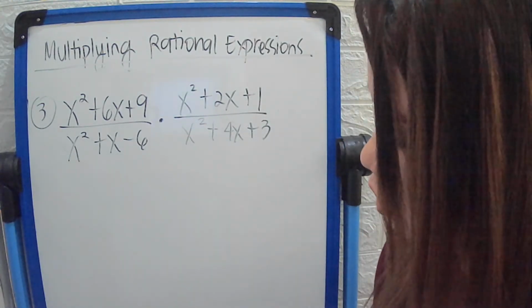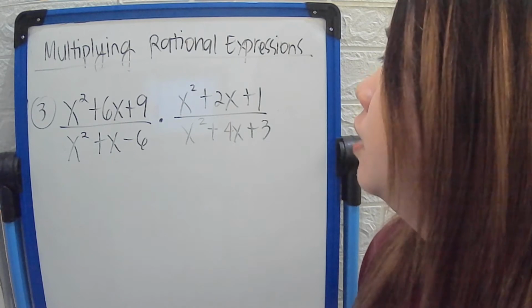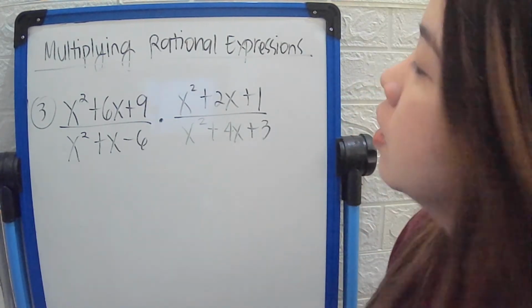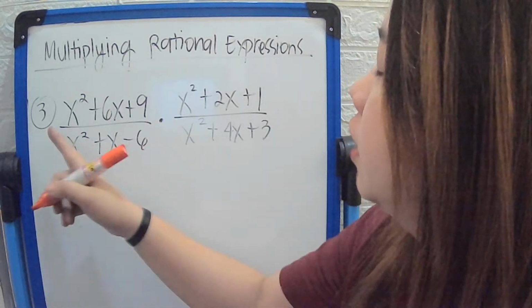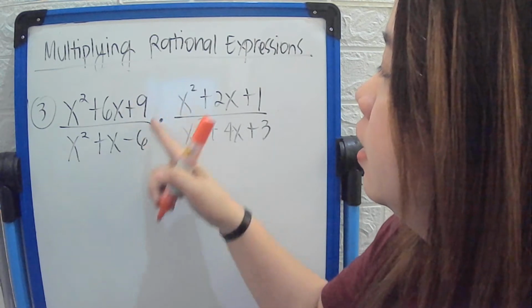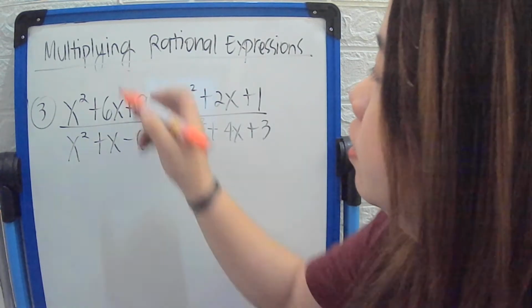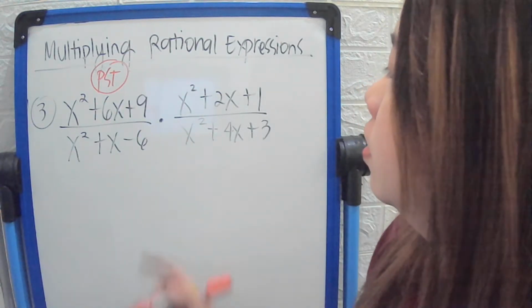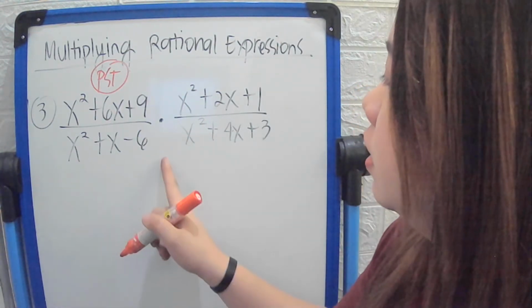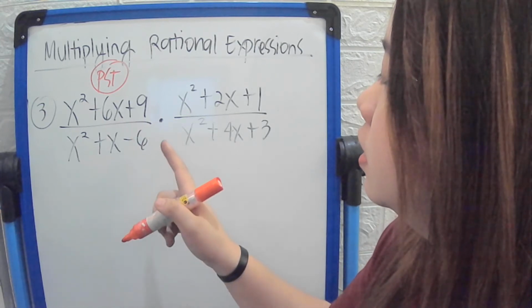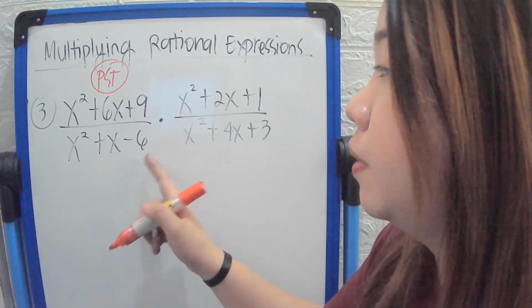Okay, so let us check the factoring method that we're going to use in each polynomial. Here, as you can see, we have a trinomial and your last term is a perfect square, so we can apply PST here. On this part, negative 6 is our last term, so this is not a perfect square.